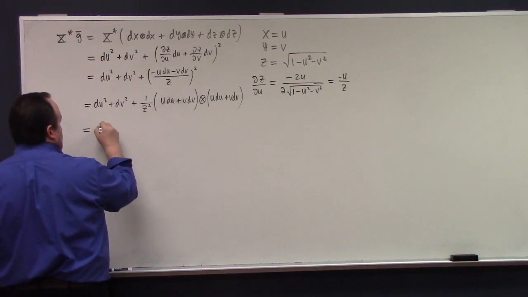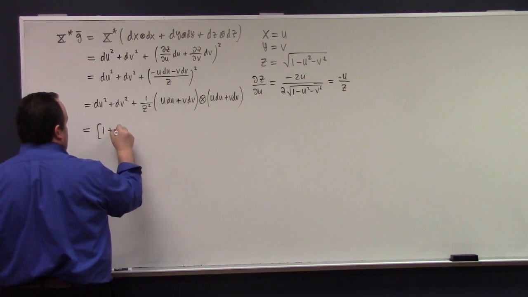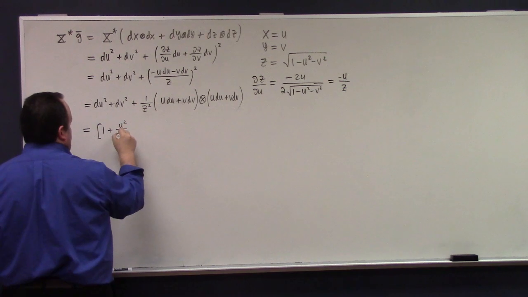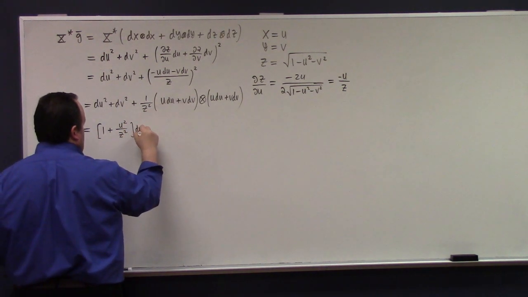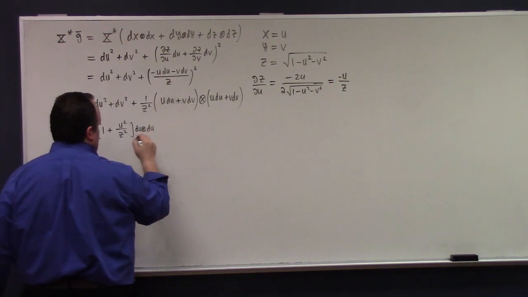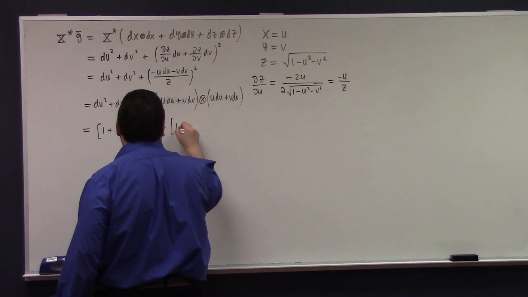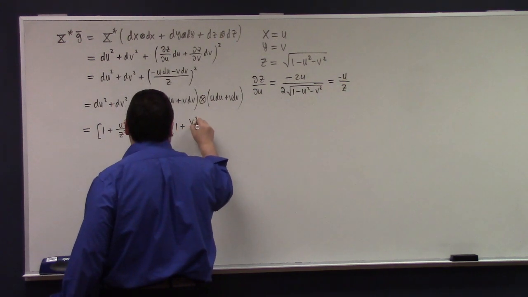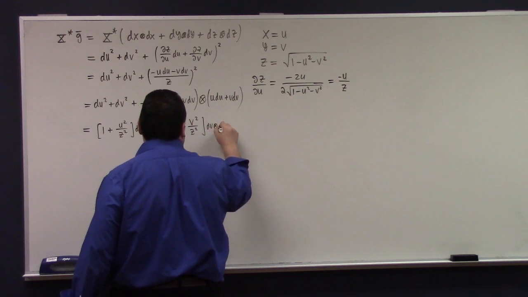All right, so what you got here? We got a 1 plus u squared over z squared. That's my du tensor du term. All right. And then I've also got a 1 plus v squared over z squared, dv tensor dv.